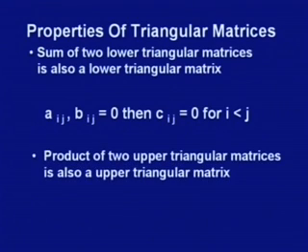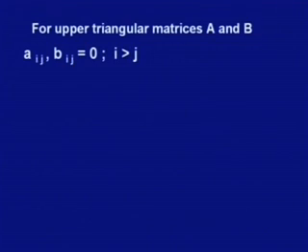Now, this is regarding the sum of two triangular matrices. The next result is that the product of two upper triangular matrices is also an upper triangular matrix. To prove this result, I consider two upper triangular matrices A and B. Since they are upper triangular matrices, we assume that Aij and Bij are 0 whenever i is greater than j.